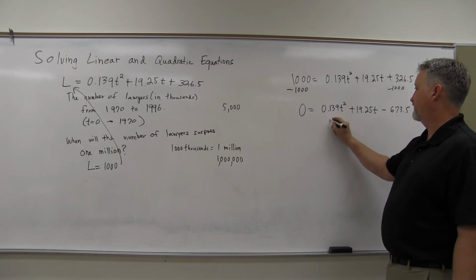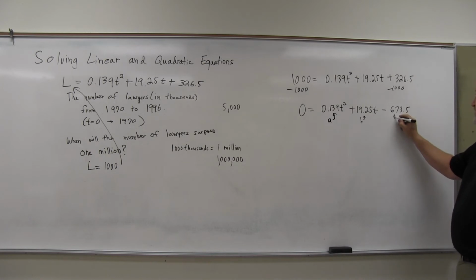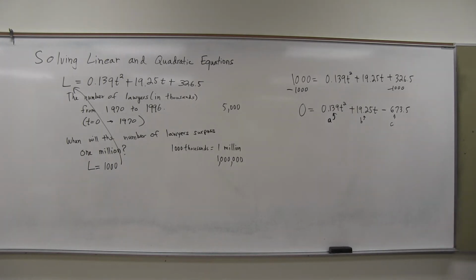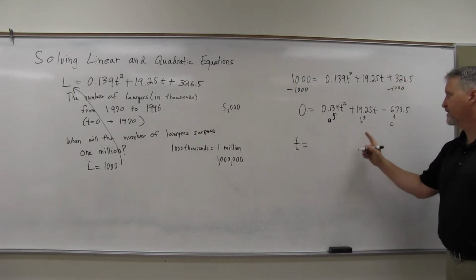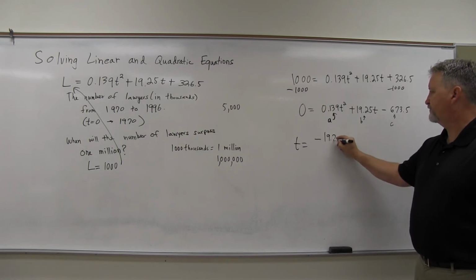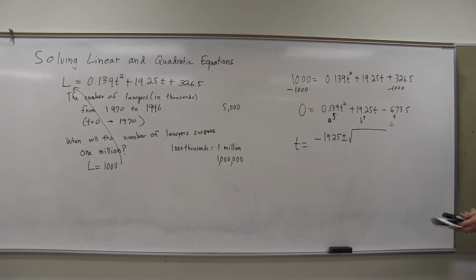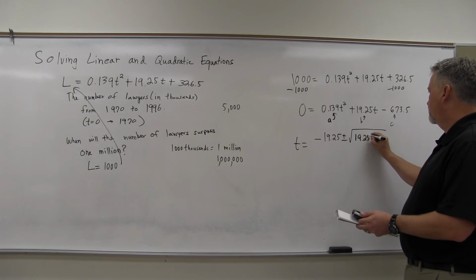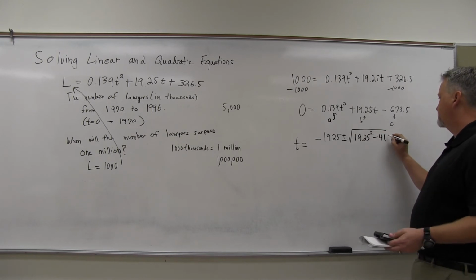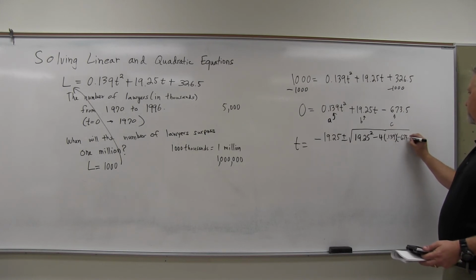Now, like I said, quadratic formula. So my A is 0.139, B is 19.25, and C is negative 673.5. If I plug those in, we have T here instead of X. So T is negative B, negative 19.25, plus or minus the square root of B squared, 19.25 squared, minus 4 times A, which is 0.139, times C, which is negative 673.5.